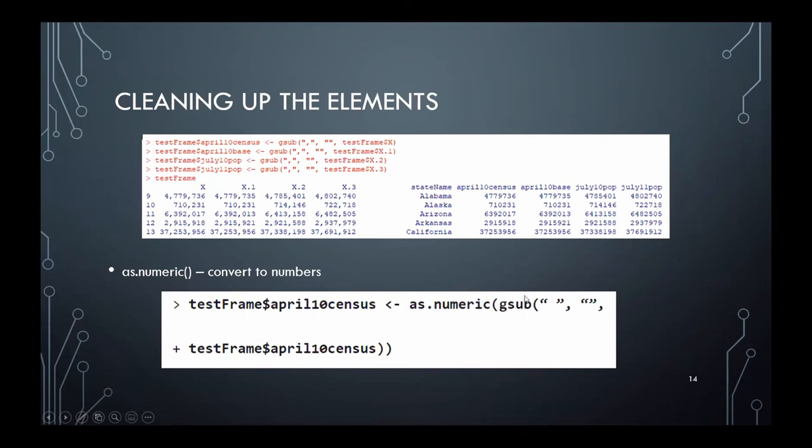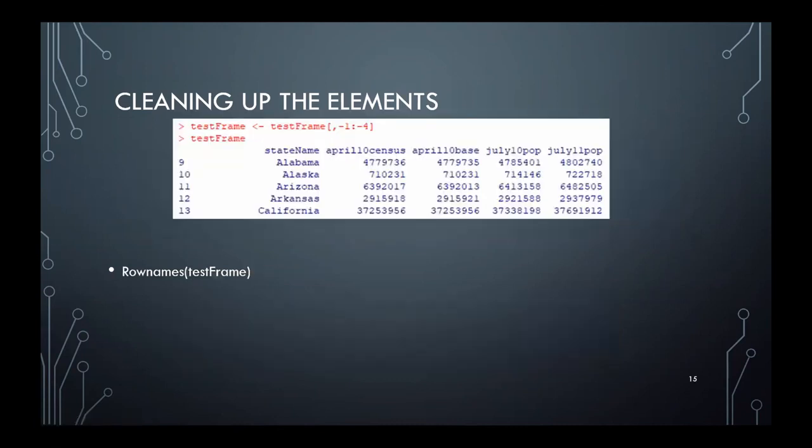What I'm going to do is take the value that's in there, remove all of the spaces and put a blank, and convert it to a number. That's what this whole command is going to do. You're going to repeat that for the 10 census, 10 base, 10 pop, 11 pop. Then you can go in and delete the four columns that you don't need, the ones that start with an X.